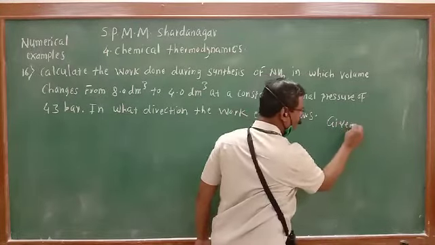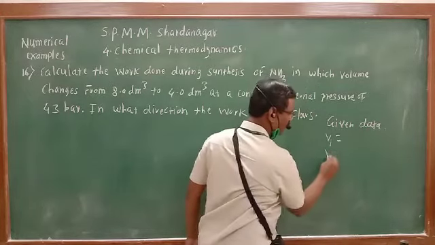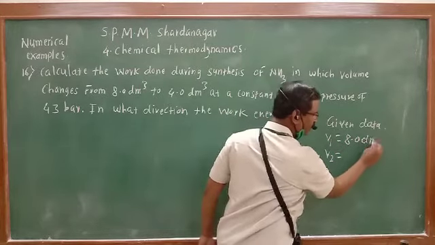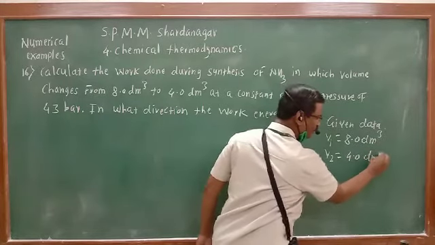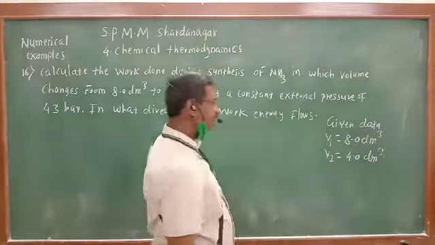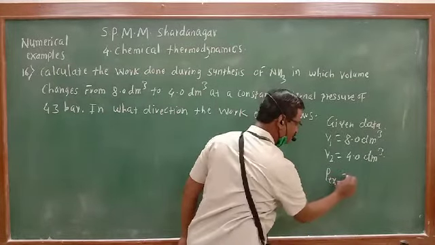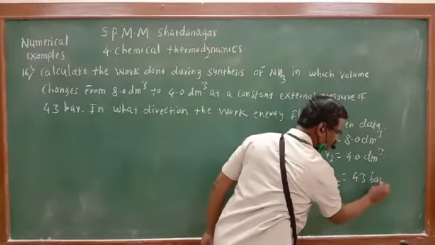Write the given data for the problem. Given data: initial volume V1, final volume V2. Initial is 8.0 decimeter cube, finally 4.0 decimeter cube, and the external pressure P external is equal to 43 bar.